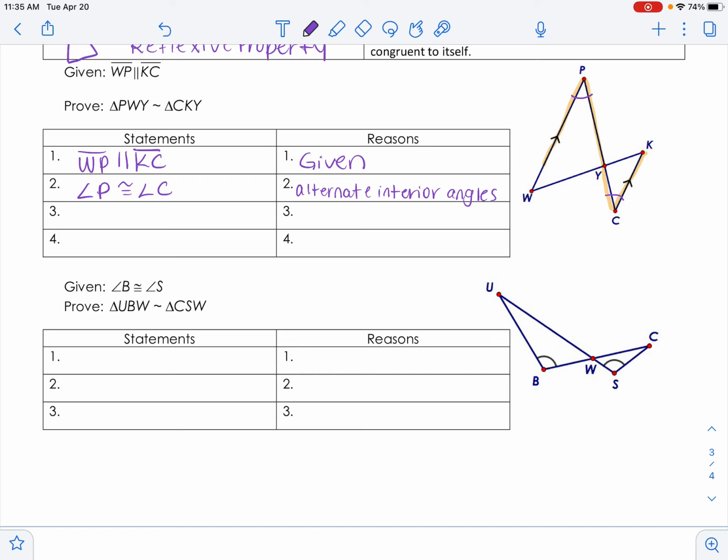All right, for 3, you could do two things here. There's an example of vertical angles, or you could draw the Z backwards. So I could draw the Z the other direction and see a second pair of alternate interior angles. So angle W is congruent to angle K, again, alternate interior angles.